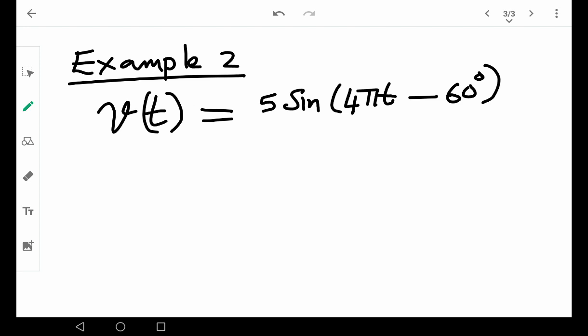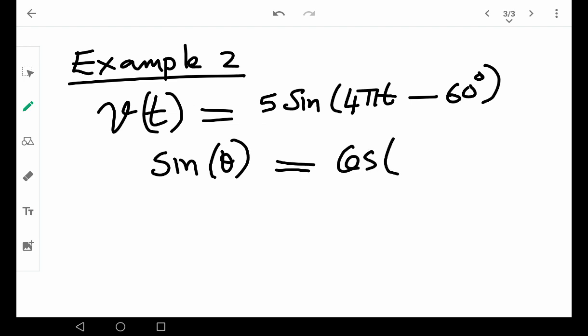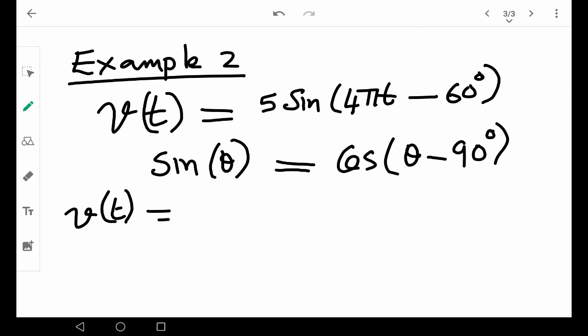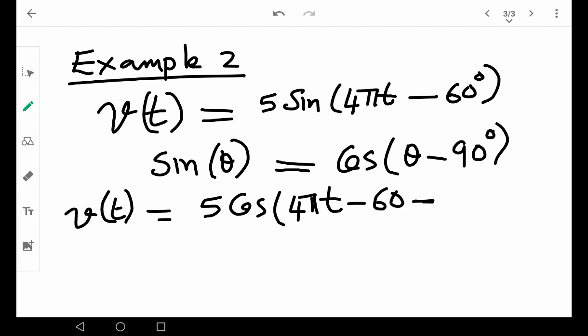You can say that sine theta equal to cos (theta minus 90 degree). Okay. So if you use this equation, you can write V of t equal to 5 cos (4 pi t minus 60 minus 90 degree).